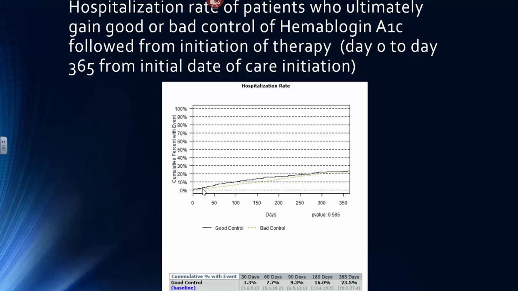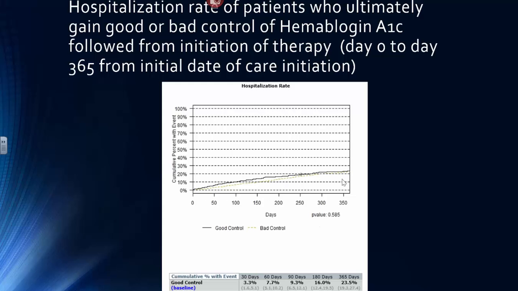And you looked at the first year of their experience from the moment of diagnosis, even before they had achieved their target outcome, even before they had achieved the target diabetes control goal. And when you did that, you found that the good and bad control people had a hospitalization rate in the first year after their original diagnosis that was indistinguishable. The p-value was 0.5. But wait, there's something odd here.